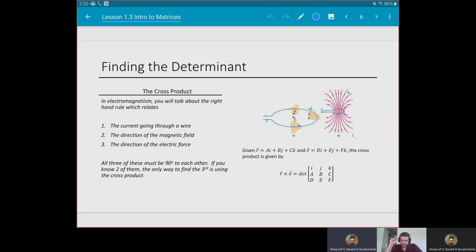You point your thumb in the direction of the current, you point your finger in the direction of the electric field, and the rest of them are in the direction of the magnetic field. And it creates three perpendicular directions. That is the right-hand rule.